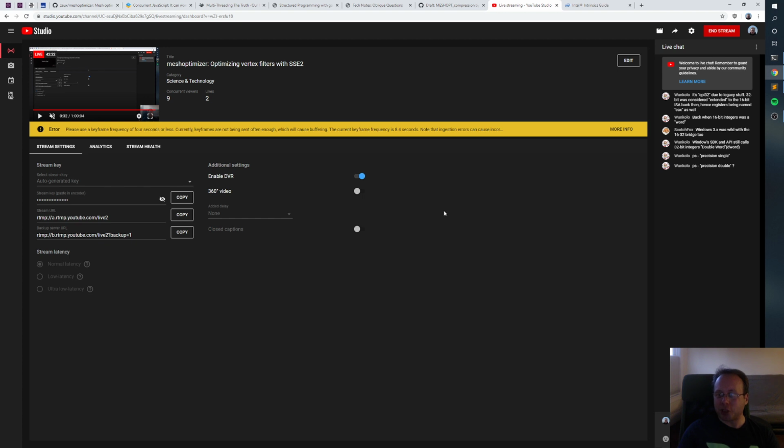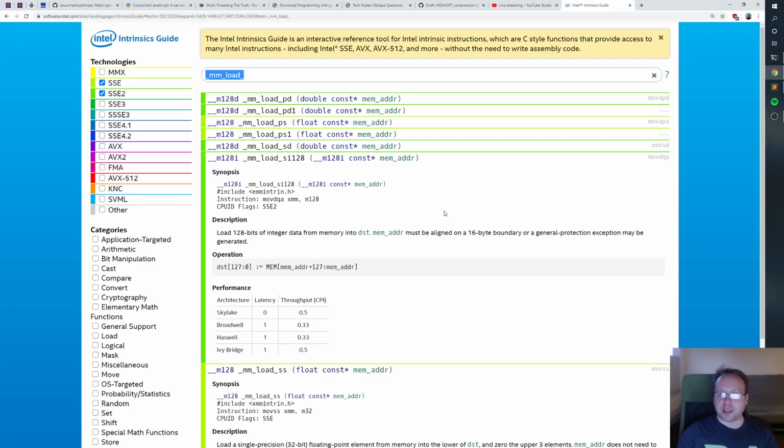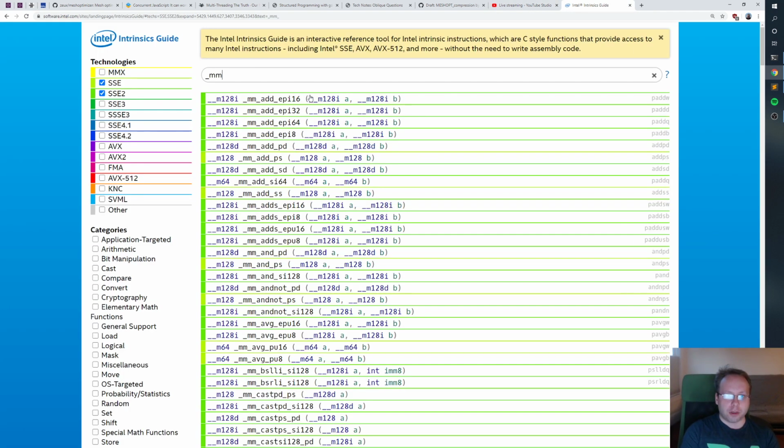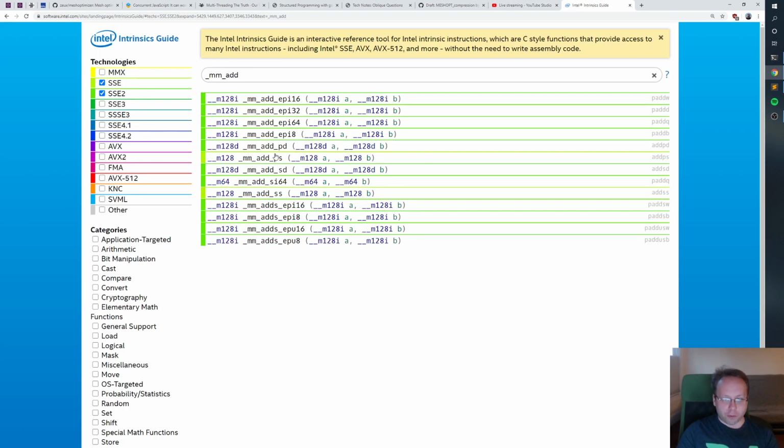Yeah, PS is precision single, no, so PD is precision double. And there is also SS and SD for the scalar versions. Sorry, I think PS is packed single, not precision. No, it's packed single, packed double, scalar single, and scalar double. You can see the SS variants basically for all floating point stuff.